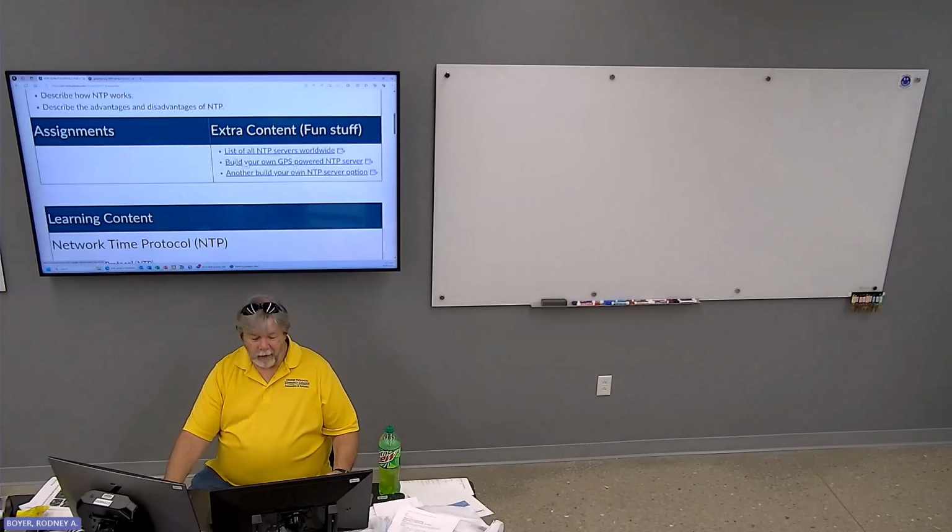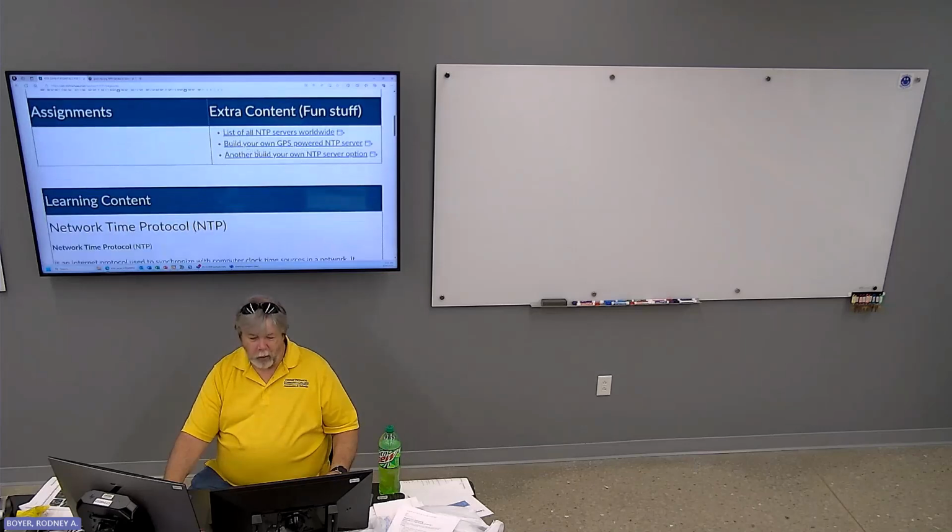Since GPS has timestamp information in the signal, you can build your own GPS-powered NTP server. There's a couple of options there. This is something fun to try. You do need a GPS antenna that will plug into your Raspberry Pi or whatever you're using to do it with.